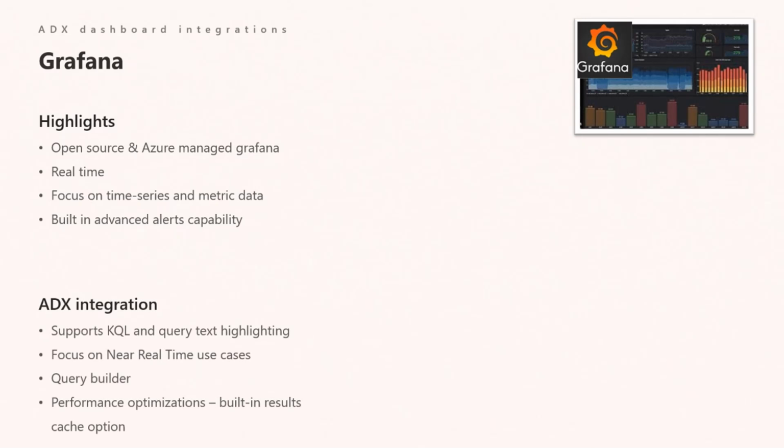We have a connector that we are building together with the Grafana team, which focuses on near real-time use cases. We have a query builder that allows you to create visuals very easily without writing KQL. That's another benefit, and I'll show that in the demo a bit later.